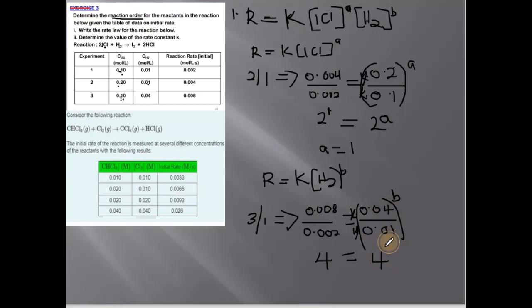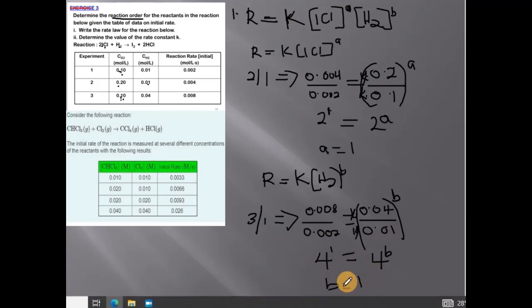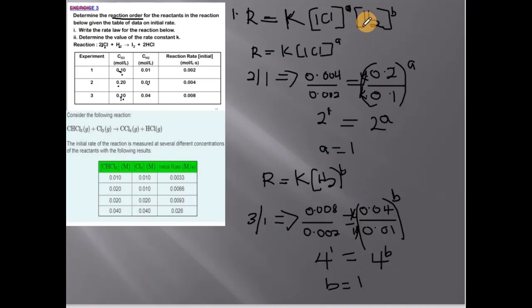So we have 4 to power B. From this, we can equally see that the reaction order B is also 1. So that means that the hydrogen gas is also in first order with respect to this reaction.